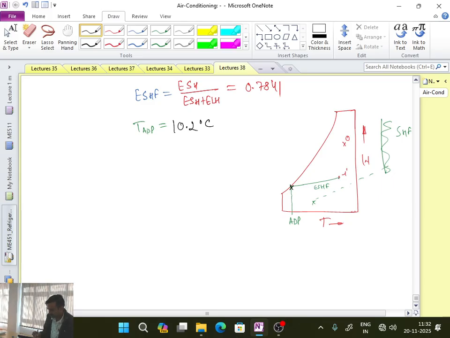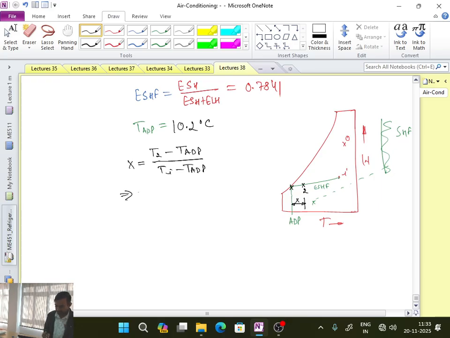On the ESHF line, somewhere here I will have state 2. So this is my X. X can come as T2 minus TADP upon TI minus TADP.